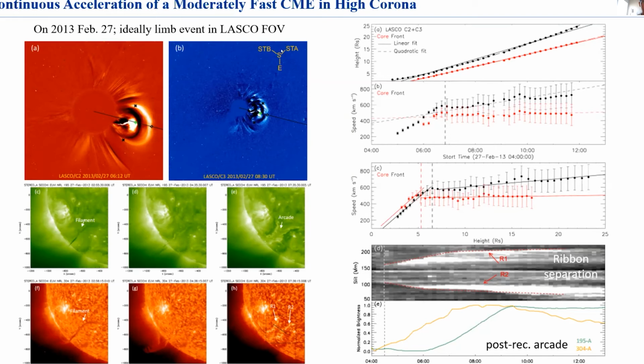This is the location of STEREO A. By STEREO A, we can find the signatures of magnetic reconnection on the solar surface, like the cusp and the bright ribbons.